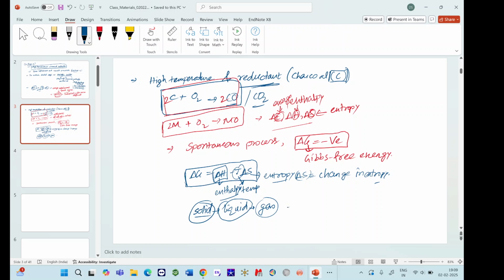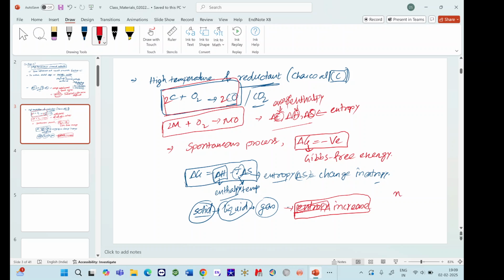So this is the direction in which entropy increases. This is one way of looking at it, the entropy considered from the perspective of state.